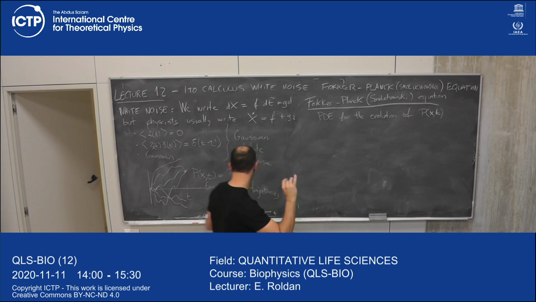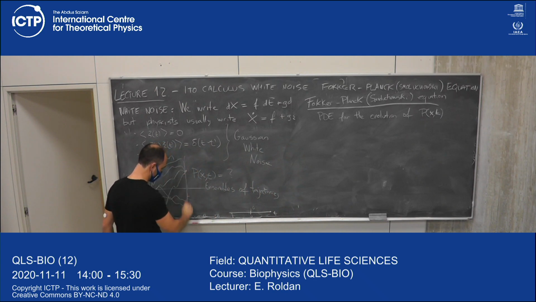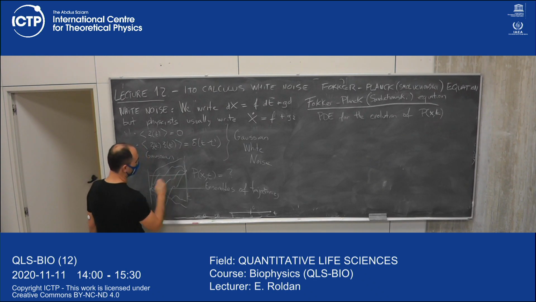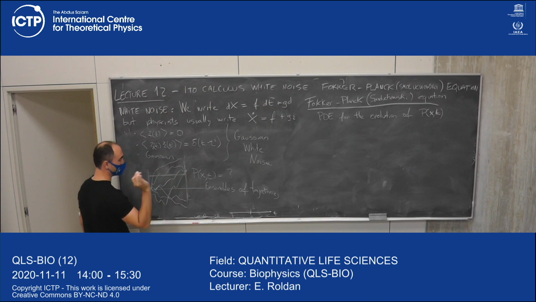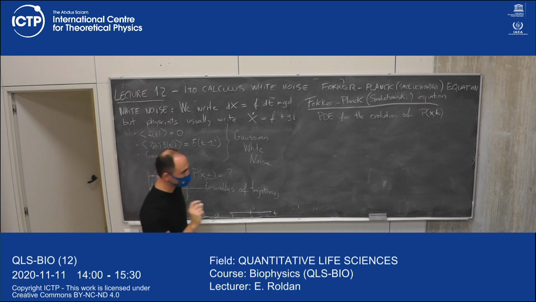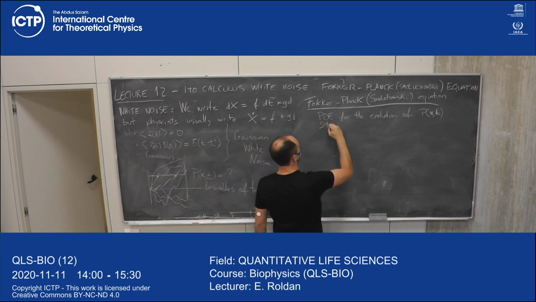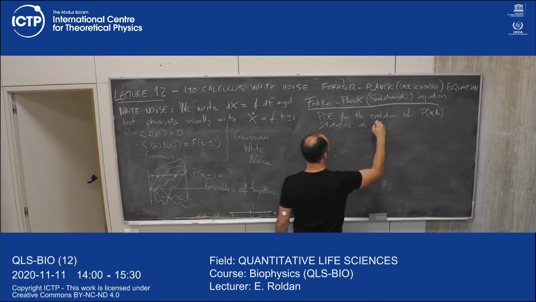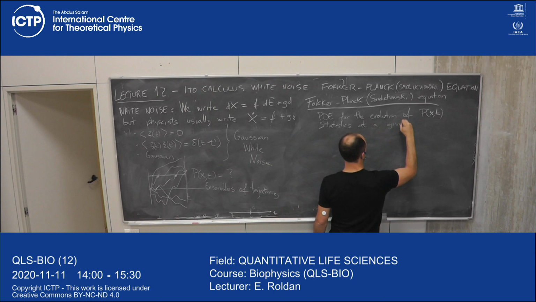It gives you the information of the trajectories at a given time. You won't get, with this type of equation, the information about, for example, how long it takes to reach a threshold, because this involves trajectories of different length. This trajectory has a different length than this one and this one. It is good for statistics at a given time t.